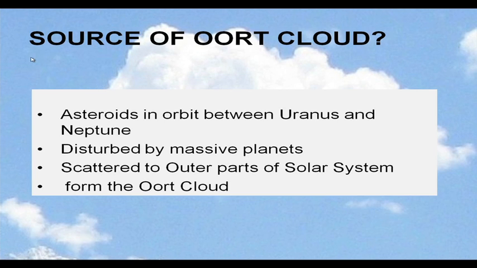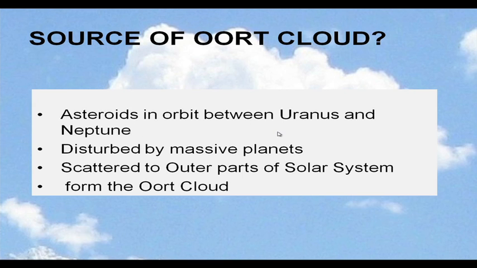Now, the question arises, what is the source of the Oort cloud? It is believed that there are asteroids in orbit between Uranus and Neptune, and it is currently believed that these asteroids get disturbed by one of the massive planets, Uranus, Neptune or Saturn.